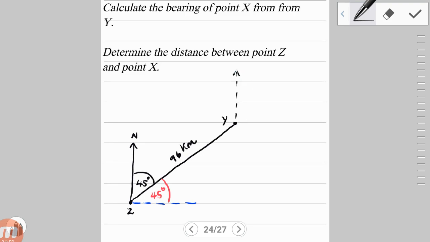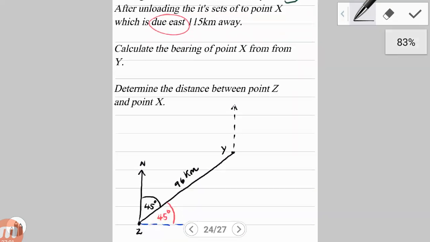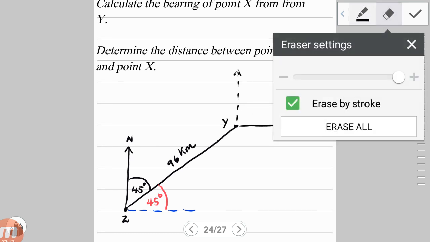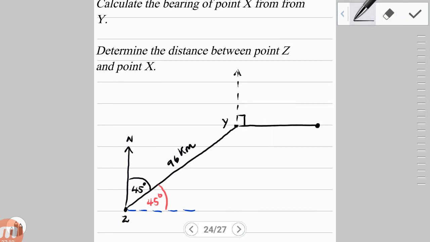And due east is what it said. Correct? Due east. So that would be taking us exactly in this direction here. Awesome. So right here would have been 90 degrees. And so it's 115 kilometers away.